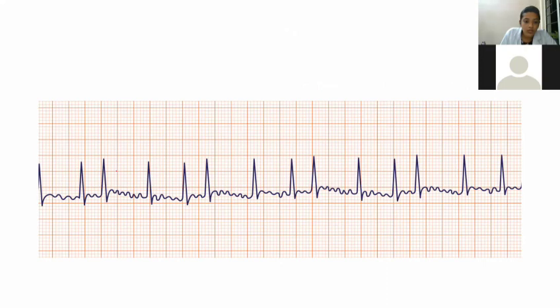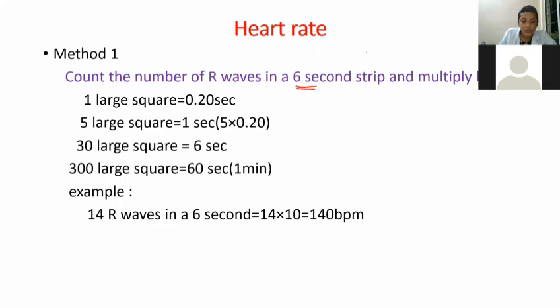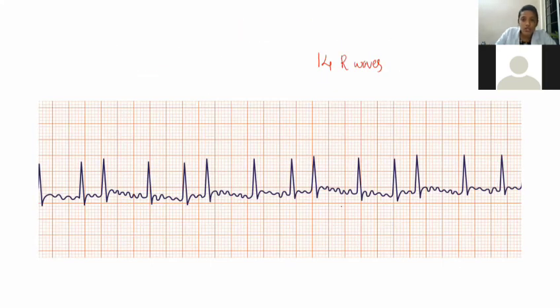There are about 14 R waves in this ECG in the 6-second strip, and we multiply it by 10, so 140 beats per minute is the heart rate of this ECG.